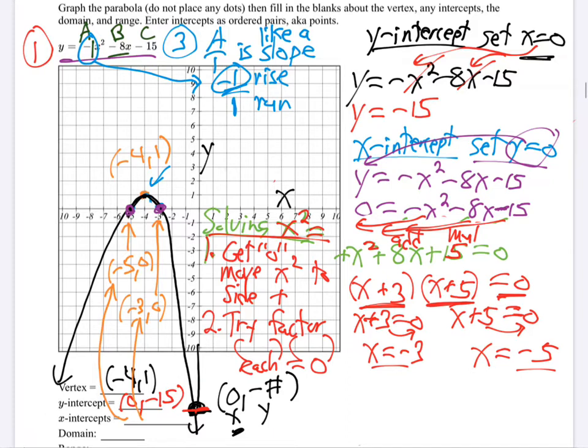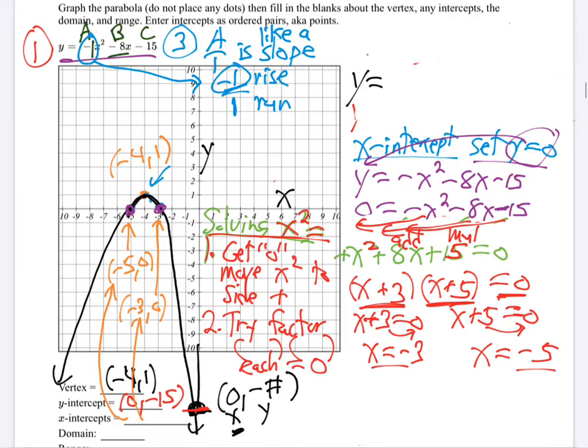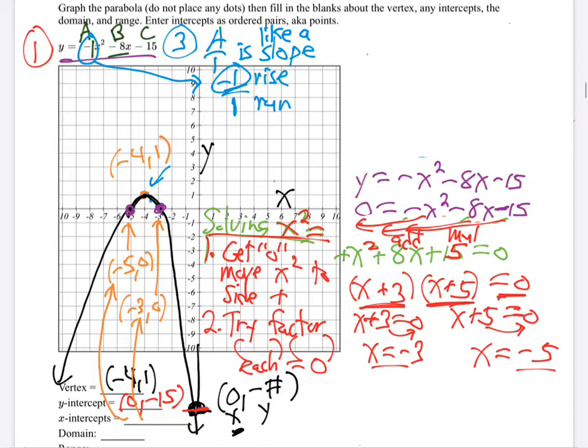They want the domain. The domain of a graph, remember, is how far left and right the graph goes. Domain is how far left, how far right.